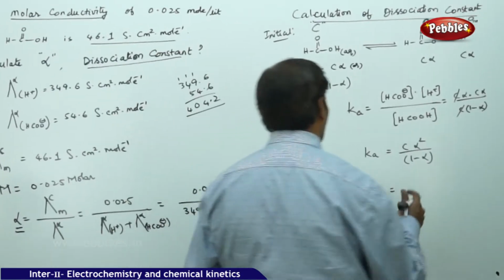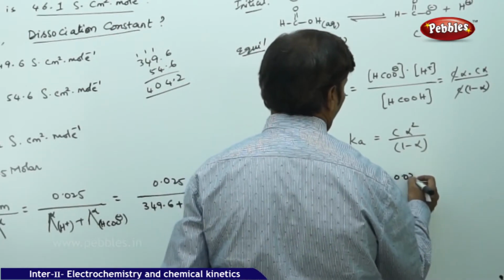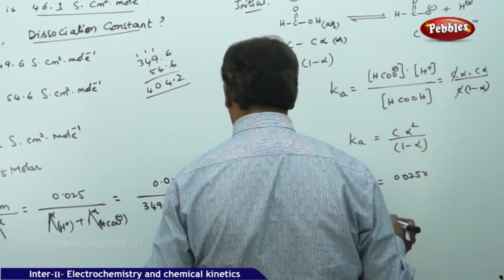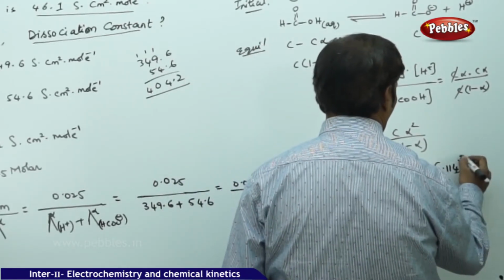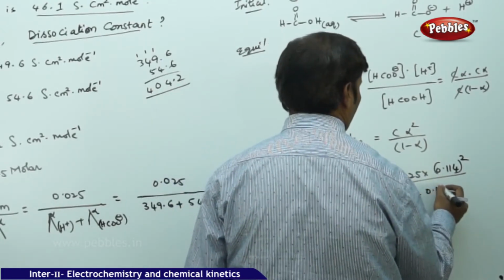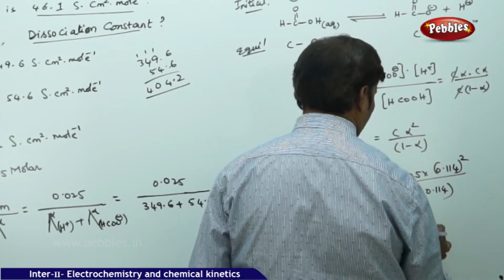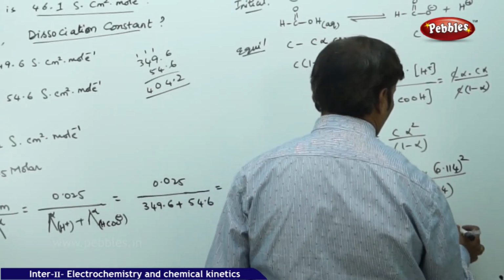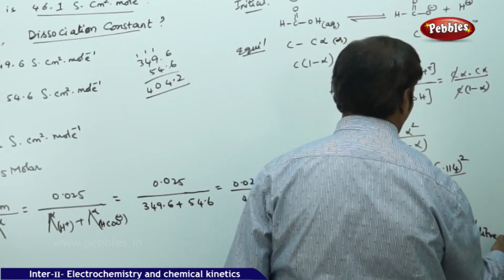Substituting the values, the concentration is 0.025 and alpha is 0.114, so 0.025 into 0.114 whole square divided by 1 minus 0.114. So the Ka value is going to become 3.67 into 10 to the power of minus 4 moles per liter, the final answer for the problem.